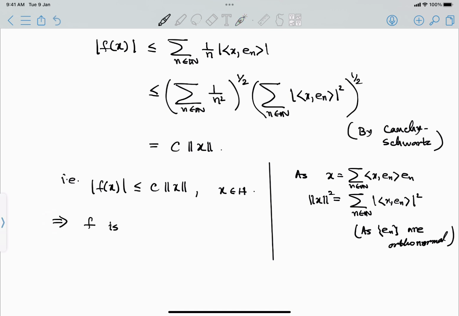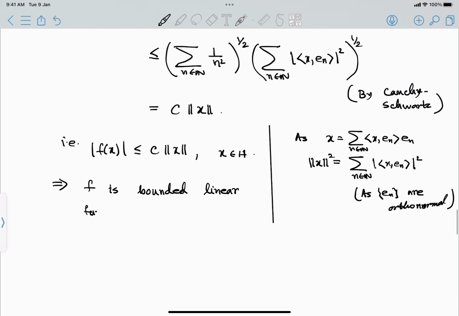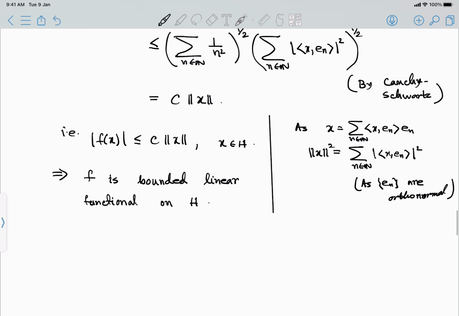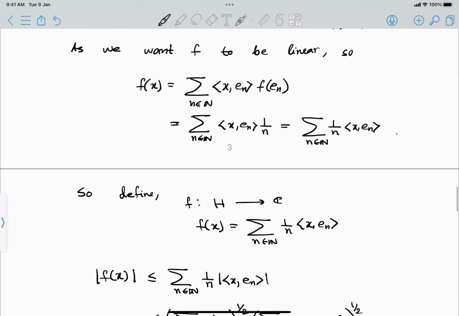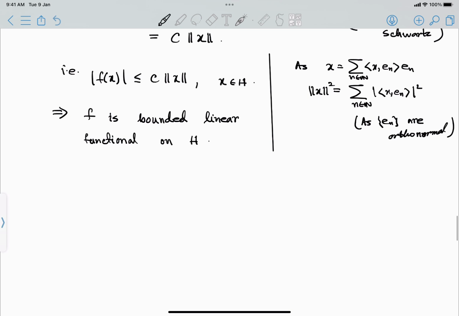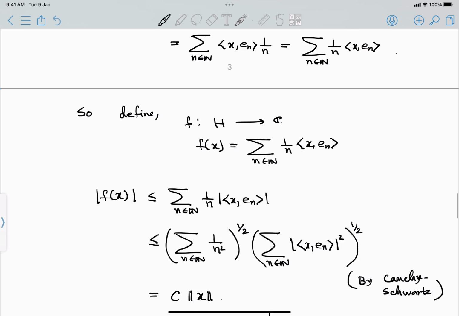Which implies f is a bounded linear functional on H. Okay, so therefore such an f exists. And what is f of En?